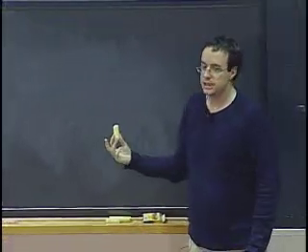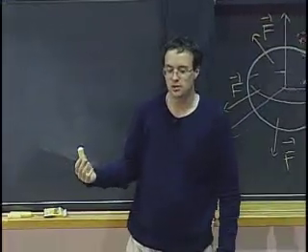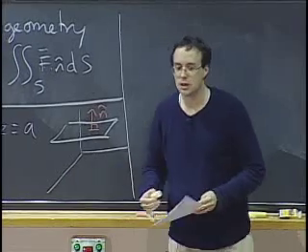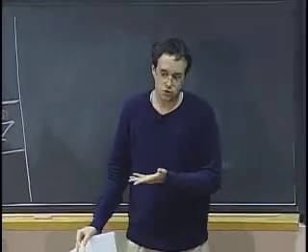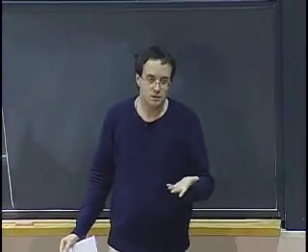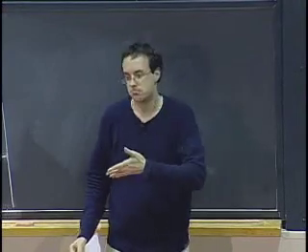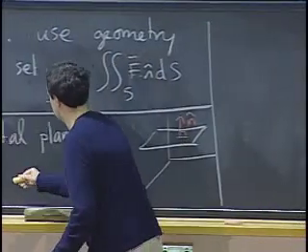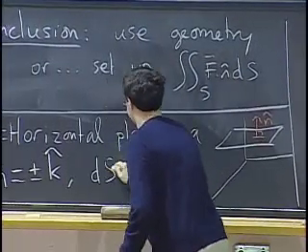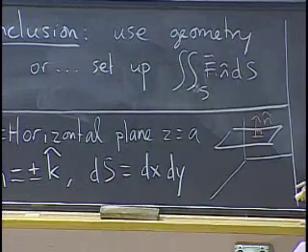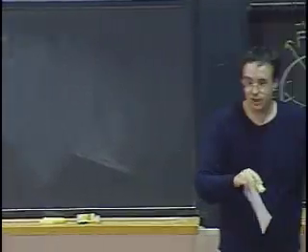Now, what about dS? Well, it's going to be just the area element in a horizontal plane. Just looks like it should be dx dy. If I'm moving in a horizontal plane, to know where I am, I should know x and y. So dS will be dx dy. So if I play the game that way, I have my vector field F. I do F dot n.